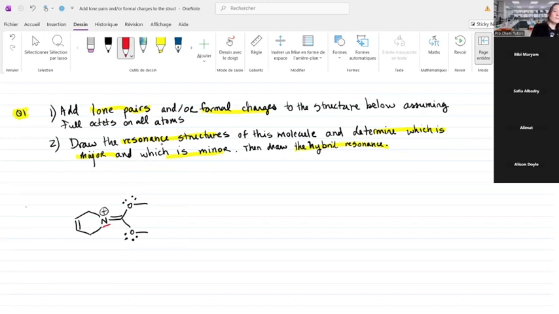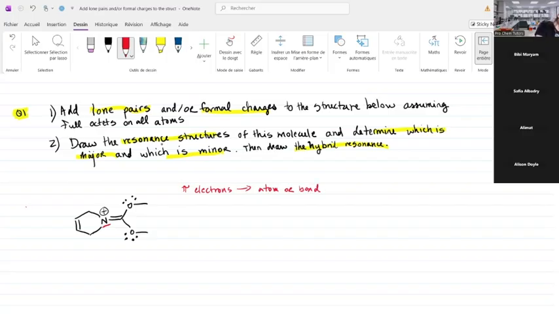And whenever we draw resonance structure, I always tell my students there's two ways that you can do this. Either by starting with pi electrons and sending the pi electrons towards an atom or a bond. This is option one.